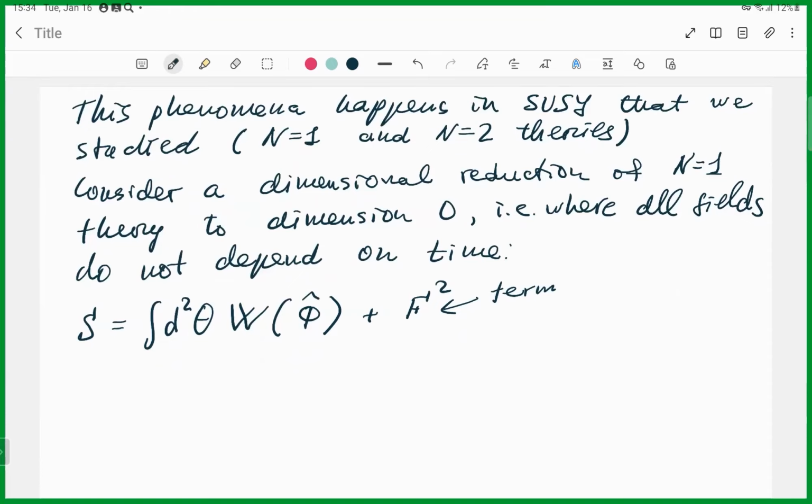So let us try to treat it, consider it from the BV point of view.